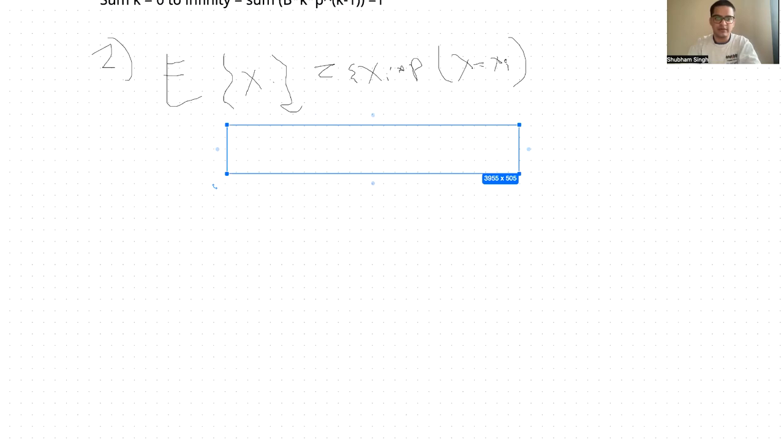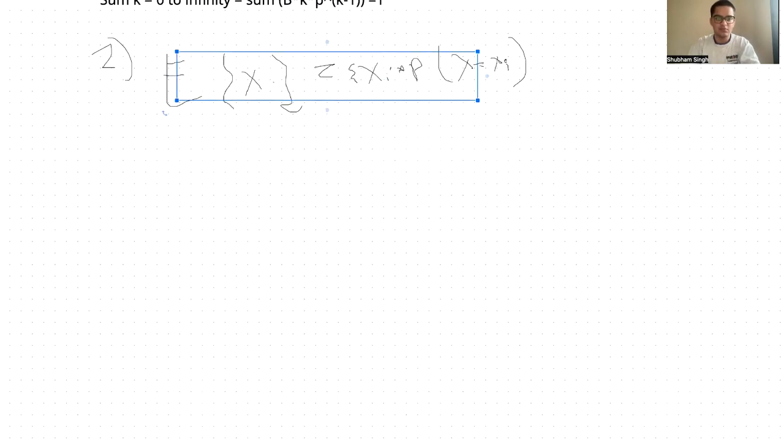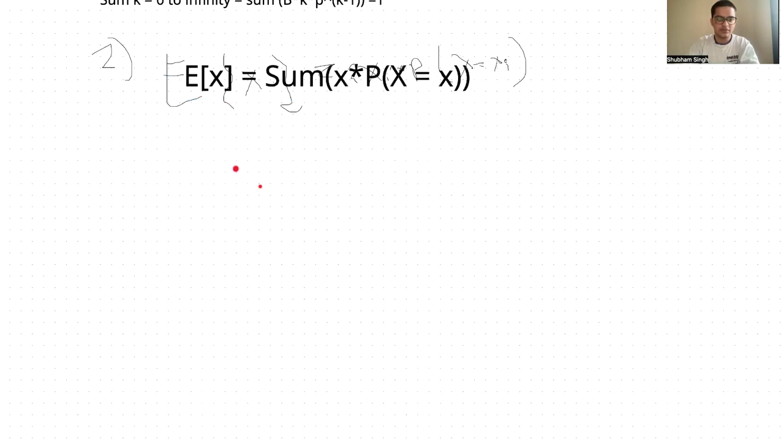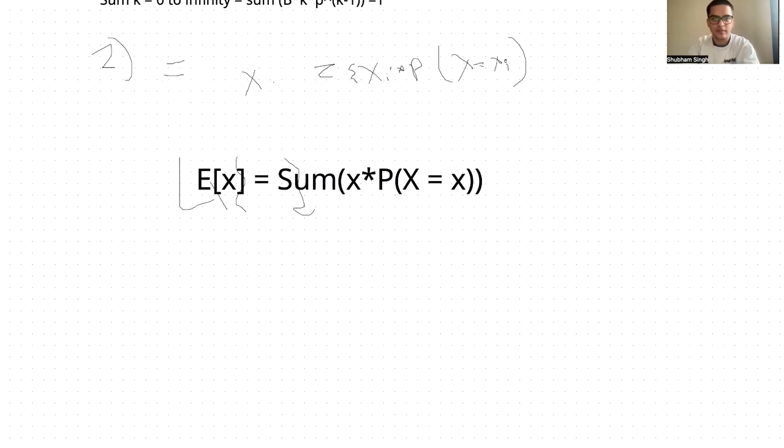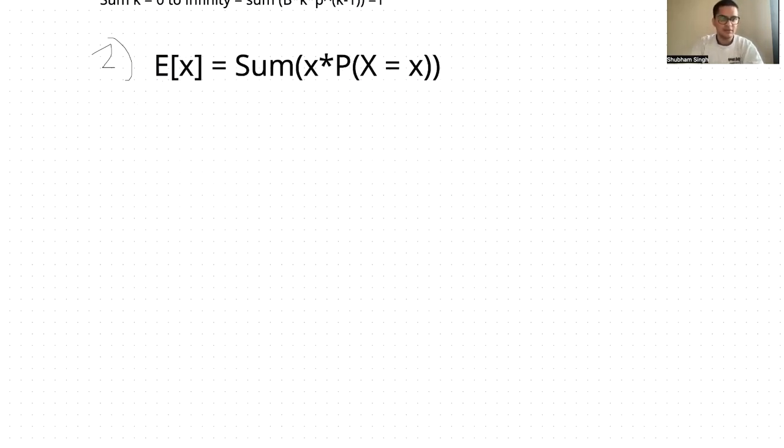This is how expectation is written. I'll remove the poor version of what I had written. I don't know how to remove it. Sorry for the delay. Let's proceed with it.